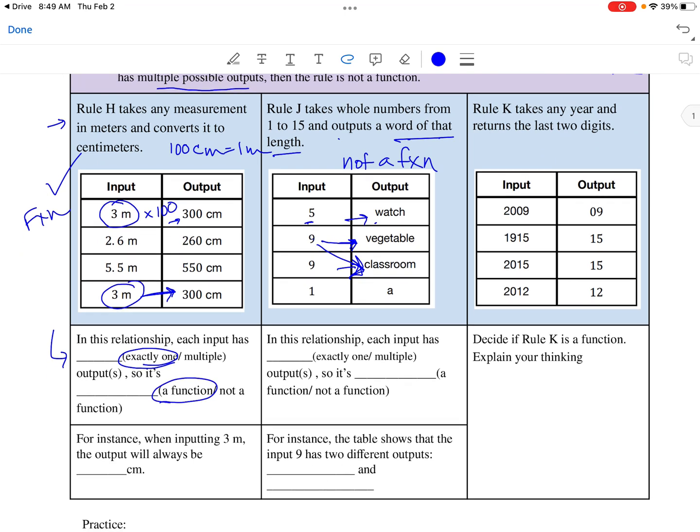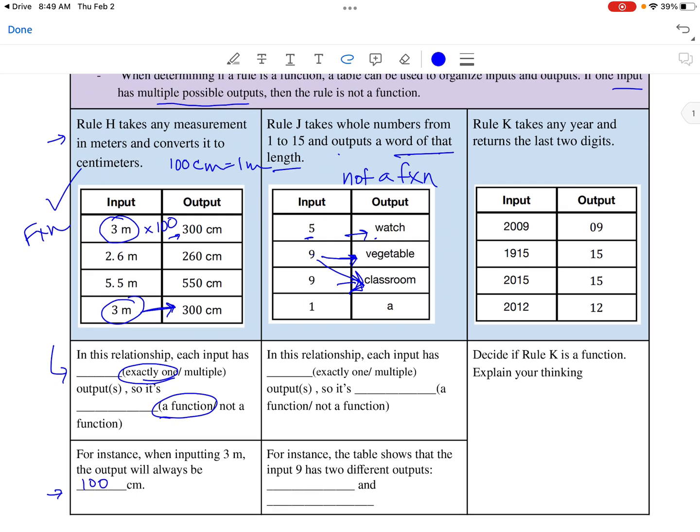For instance, when we put in 3 meters, the output will always be what? 100 centimeters. Okay. You can fill this now in for this one. We decided this is not a function because each input had multiple outputs, right? There's lots of words that have 9 letters or 5 letters or 1 letter, right? That is not a function.